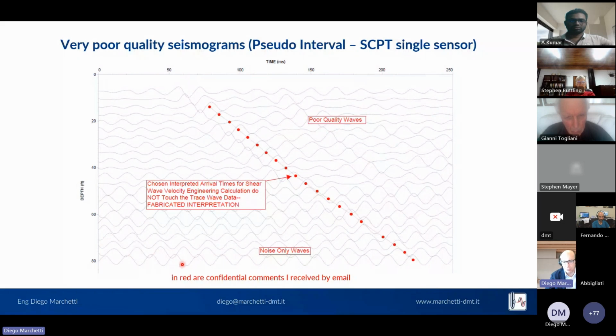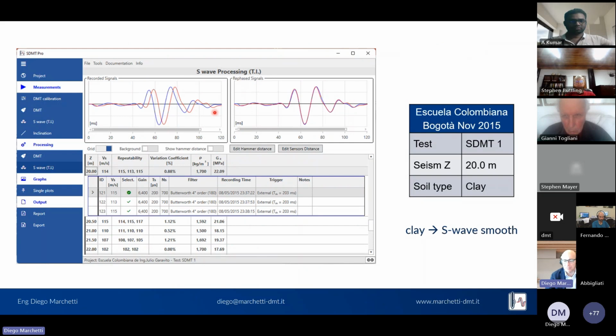And look at the noise that is here. So don't accept VS profiles unless they are provided also with the seismograms that you should check, at least qualitatively.